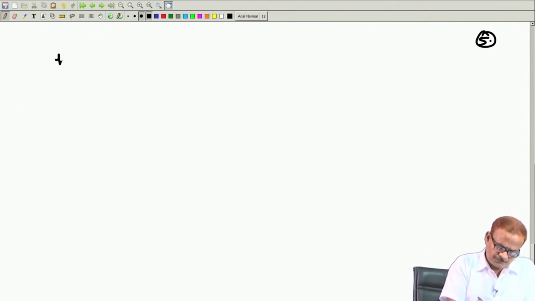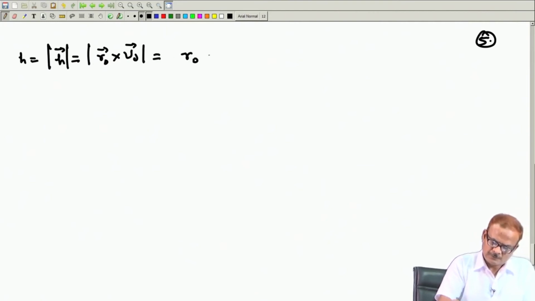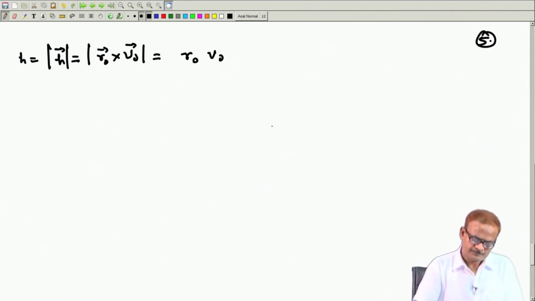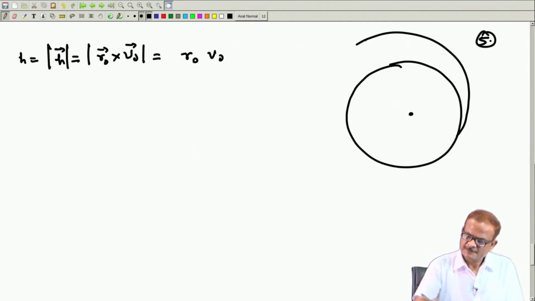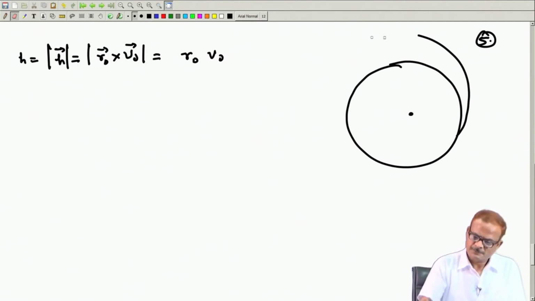Now, we can also write h as follows. Say here this is the earth and one satellite has been injected, and say this is the injection point.